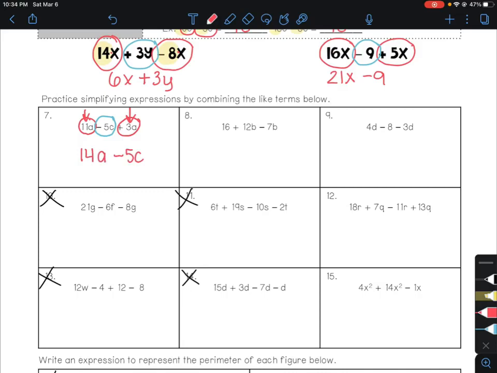Number 8, 16 plus 12 times b minus 7 times b. So I have 16, then I have plus 12b minus 7b, including those operations in my circles to make sure they stay attached to the thing right behind them. And in this one, I see one constant all by itself being added to 12b and then 7b being taken away. So I'm going to take this 12 and this minus 7. It's going to give me a plus 5b.